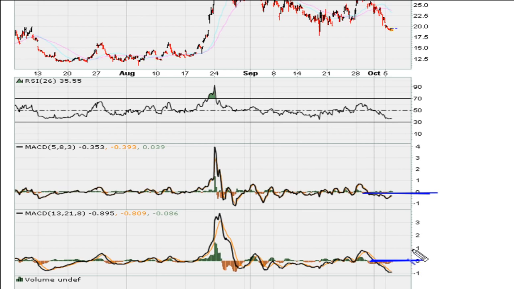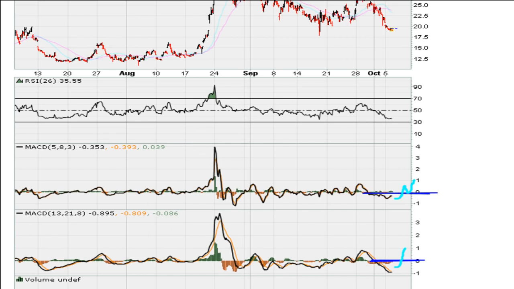So from a timing perspective, you have to avoid the idea right here, because you'd rather wait for both MACDs to move back above the zero line or hold above the zero line before true momentum can be seen.